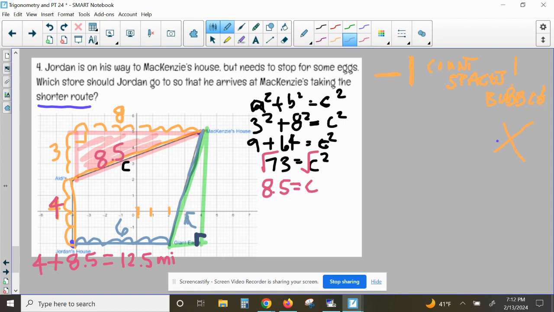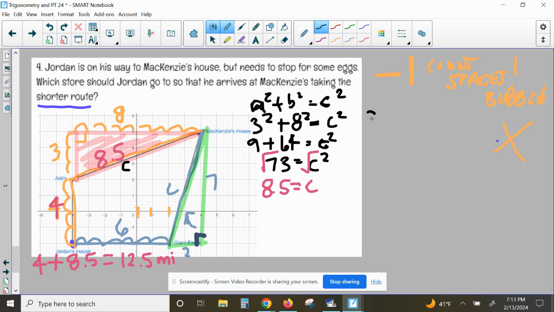This side is going to be my C side. The bottom looks like 2 blocks over, and this side going up is 1, 2, 3, 4, 5, 6, 7. So the 2 and the 7 could be my A and B.